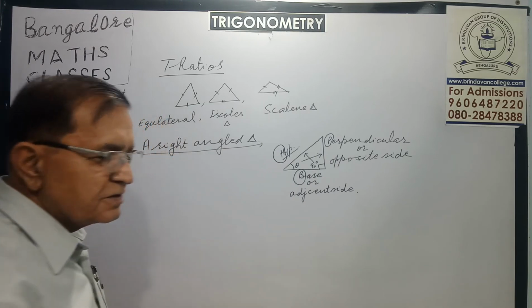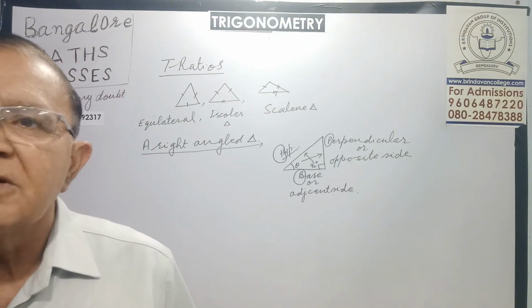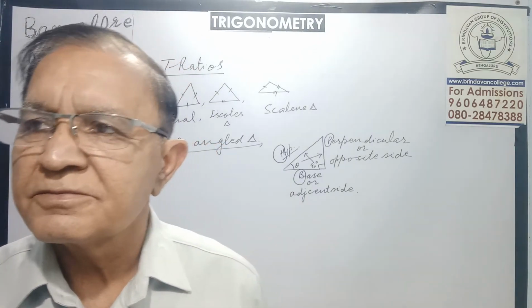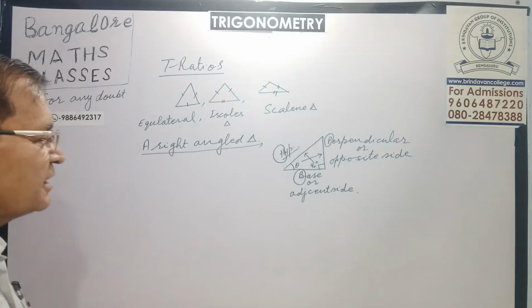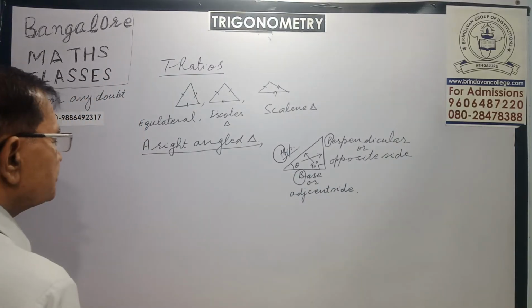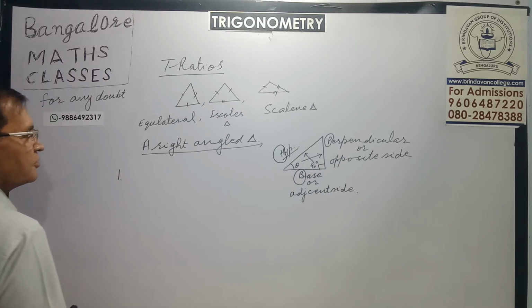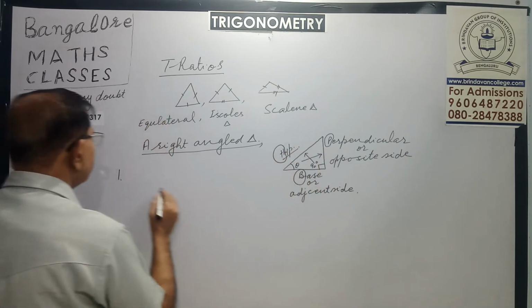We take the ratio of these three sides and we call it as T ratios. The ratio of these three sides turnwise we will take, we call it as T ratio. First T ratio, we will take the ratio of perpendicular by hypotenuse.